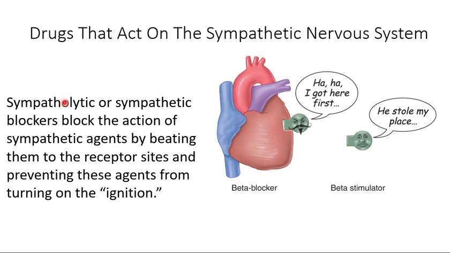Parasympatholytic means we're going to block the parasympathetic nervous system that's coming into play here. Basically, these drugs get to those receptor sites first, and once they latch onto the receptor sites, they don't allow anything else to come into play there. Those processes are really, really important for you to understand and to be able to dissect when we're having a conversation about the mechanisms by which drugs work.